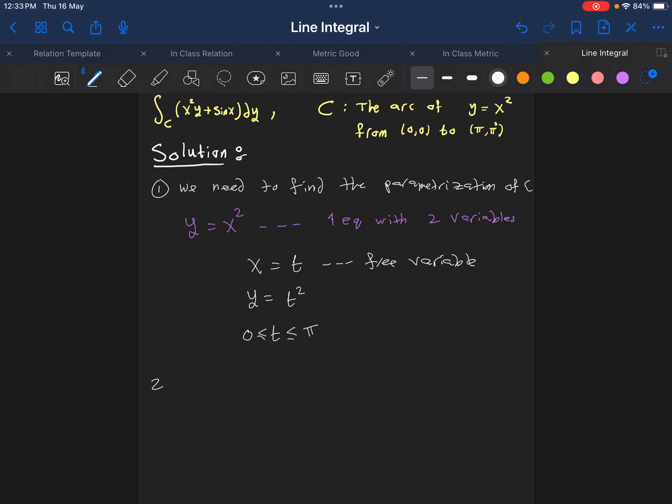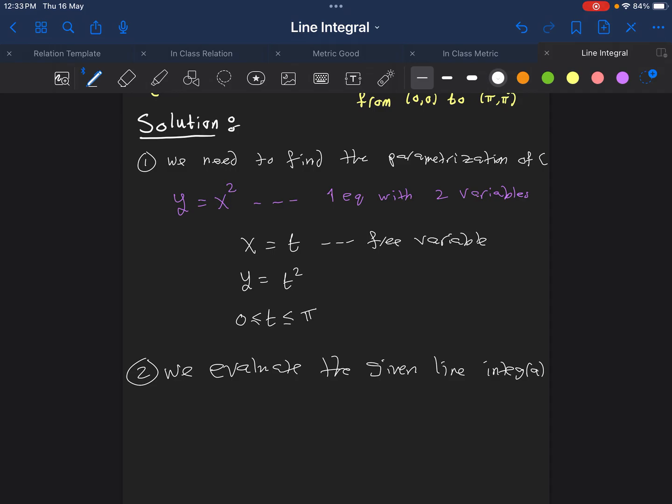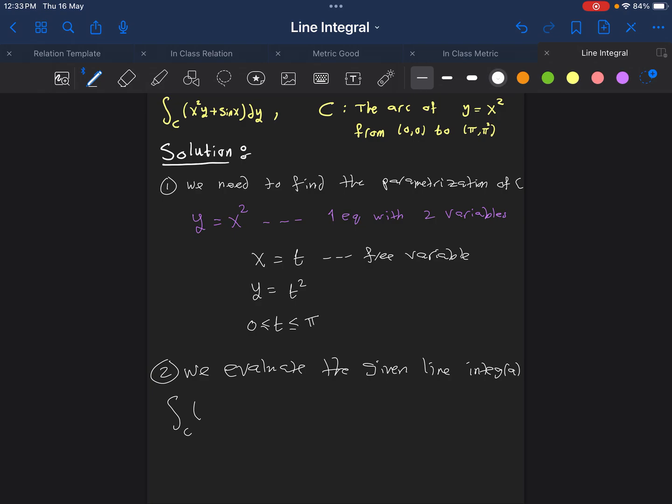So I will go now to step number 2, which is to evaluate the given line integral. So we evaluate this one, integral over c of xy squared plus sine x dy.